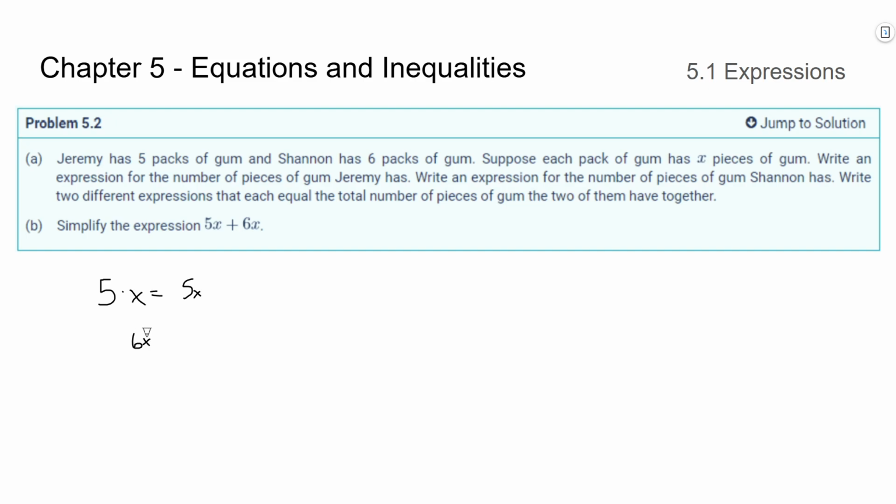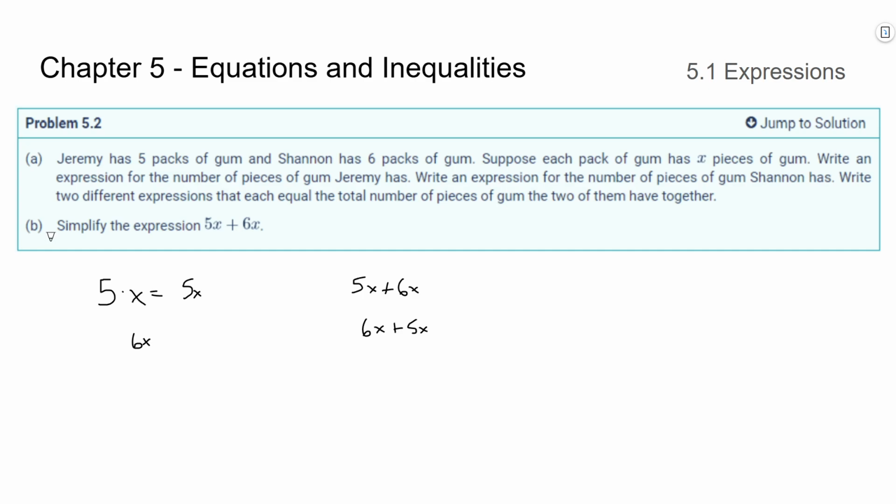She has 6 packs of gum, and each pack has x number of pieces in it. Okay, so 2 different expressions that equal the combination of these 2. So we know we can do 5x plus 6x. You know, that's one way we can write it. Another way is we can write it 6x plus 5x. That would be equivalent, right?